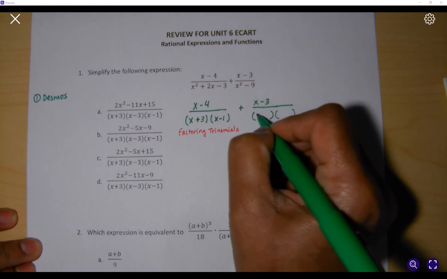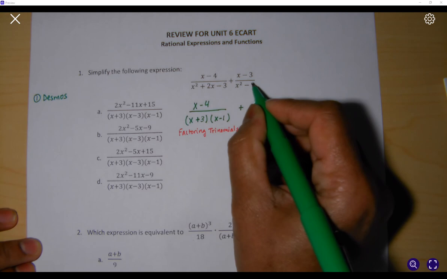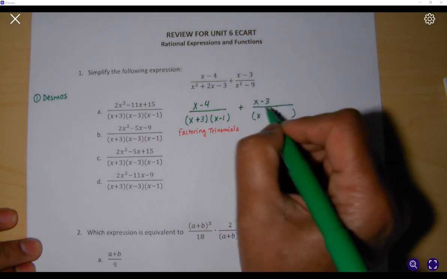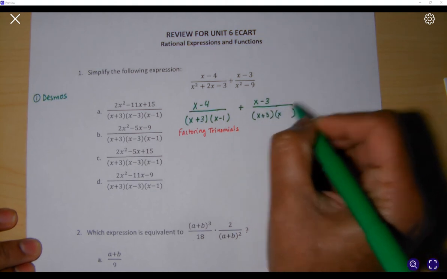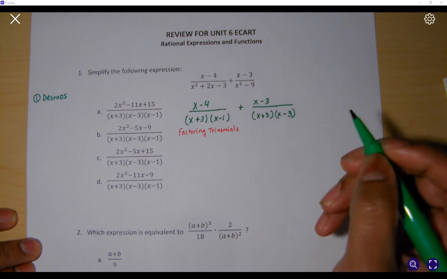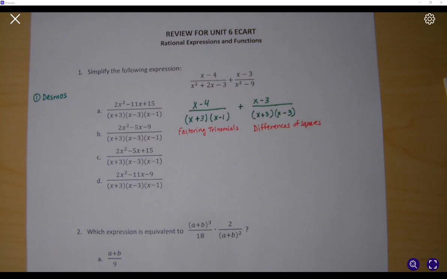So here you put x, and then since 9 is a perfect square, because the square root of 9 is 3, we can do x plus 3 and x minus 3. For this one, we did this in Unit 2. It's called difference of squares.